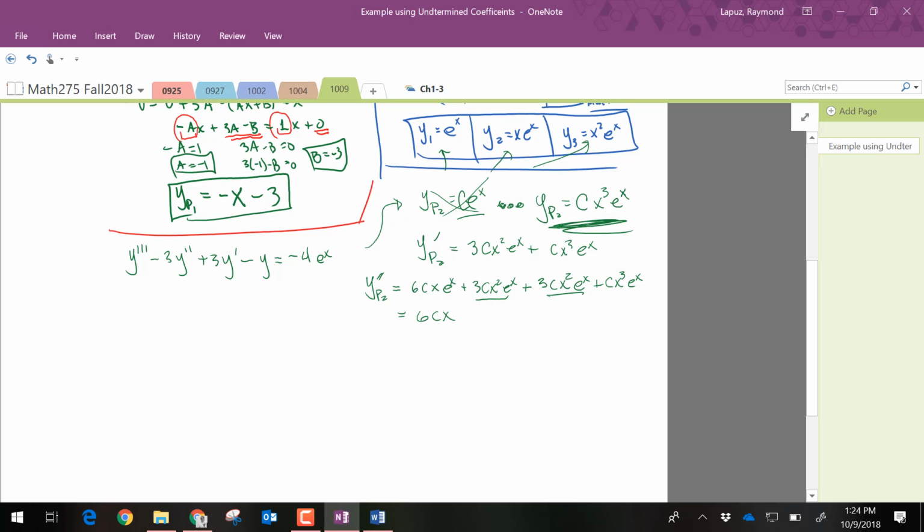Might as well, huh? That's already there. We should have done that in the beginning. That's like for the first derivative already. Oh well, let's keep it on. e to the x plus 6cx squared e to the x plus cx cubed e to the x.